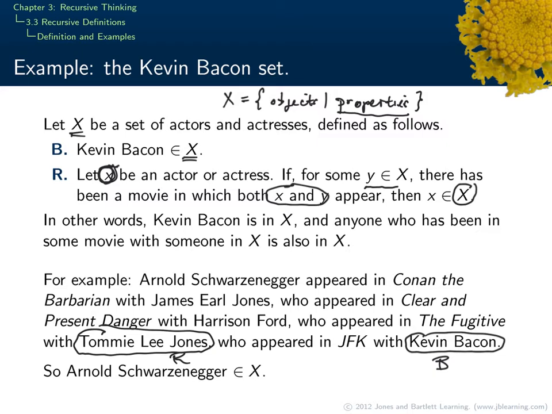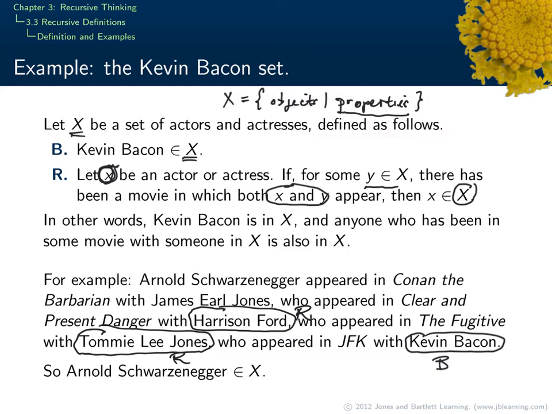Now, Tommy Lee Jones acted with Harrison Ford in the movie The Fugitive. Since Tommy Lee Jones is a member of our set capital X, and Harrison Ford acted with Tommy Lee Jones in a movie, we know now that Harrison Ford is in X by our recursion.